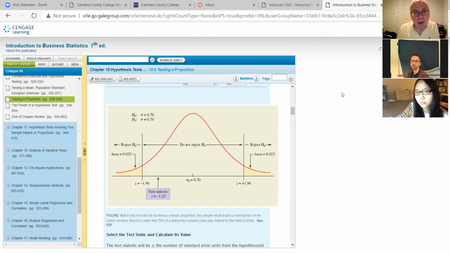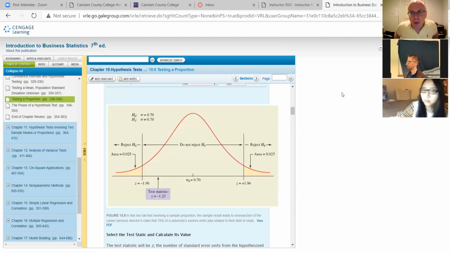Once you make your decision, the very last step, which is the sixth step if you counted all those steps, is the interpretation. You always start the interpretation with "at the blank percent level of significance." Because what if your p-value is 0.04? If your alpha is 0.05, then you reject the null hypothesis. But if your alpha is 0.01 and your p-value is 0.04, you do not reject the null hypothesis.